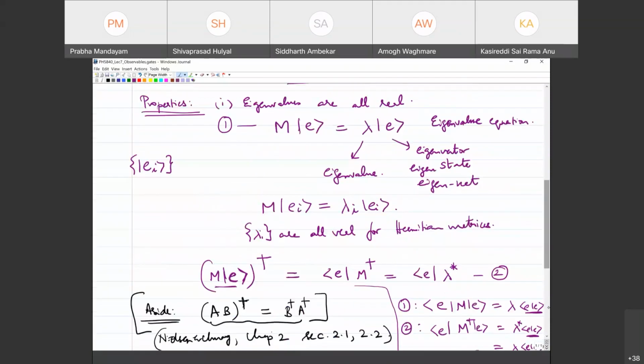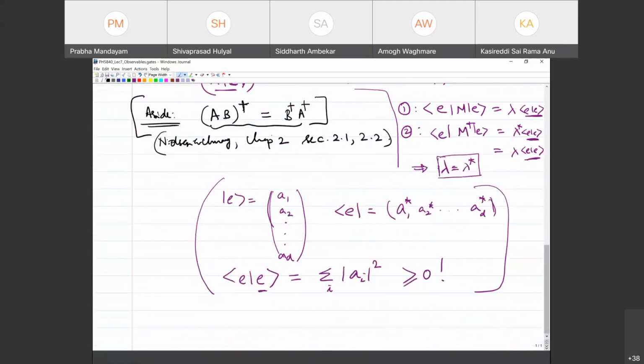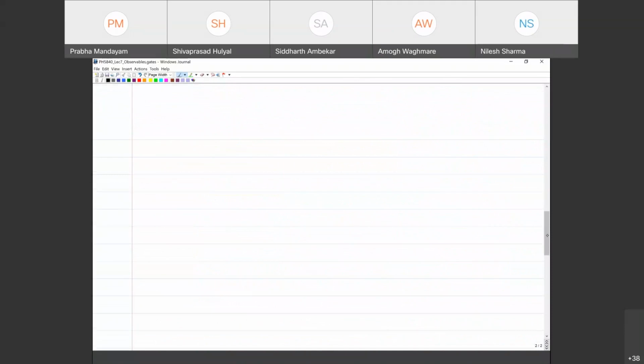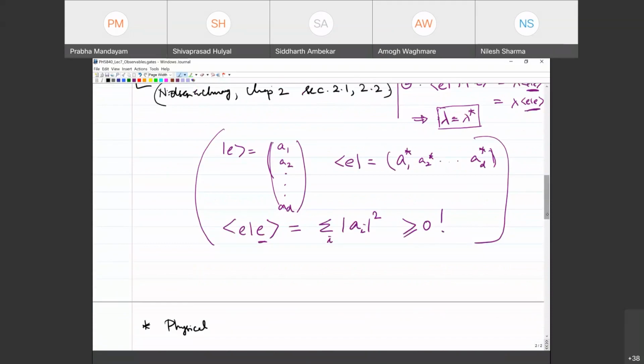So when we make this association of physical quantities with Hermitian operators, then... Ma'am, the summation of mod A I squared, of course it is greater than or equal to 0, but isn't it equal to 1? If E is normalized, it is equal to 1.